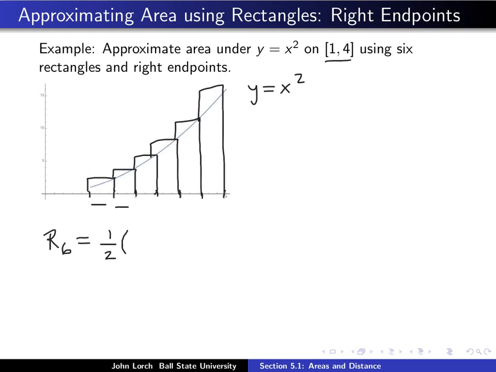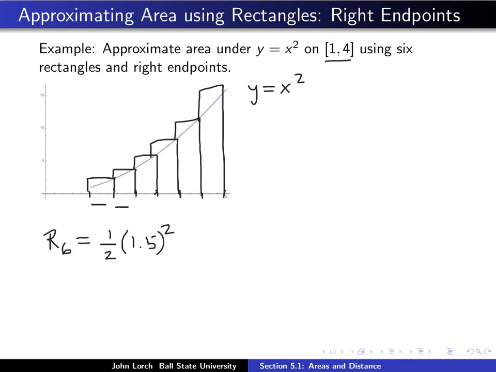And then for the height, we have to go up to the curve. Our first right-hand endpoint lies at 1.5. To get up to the curve from 1.5, I have to take that 1.5 and square it.